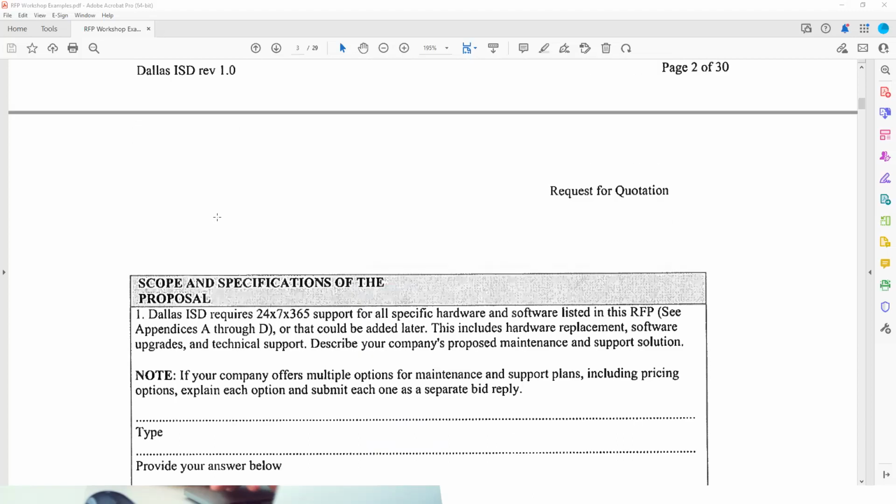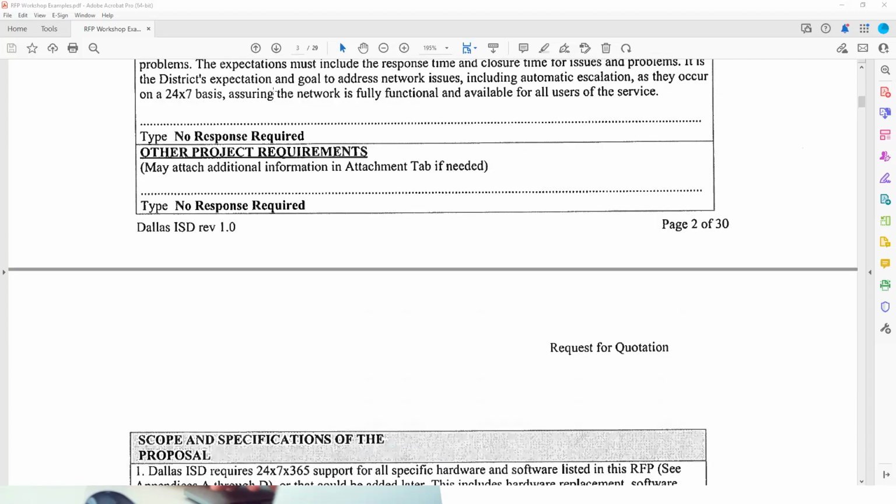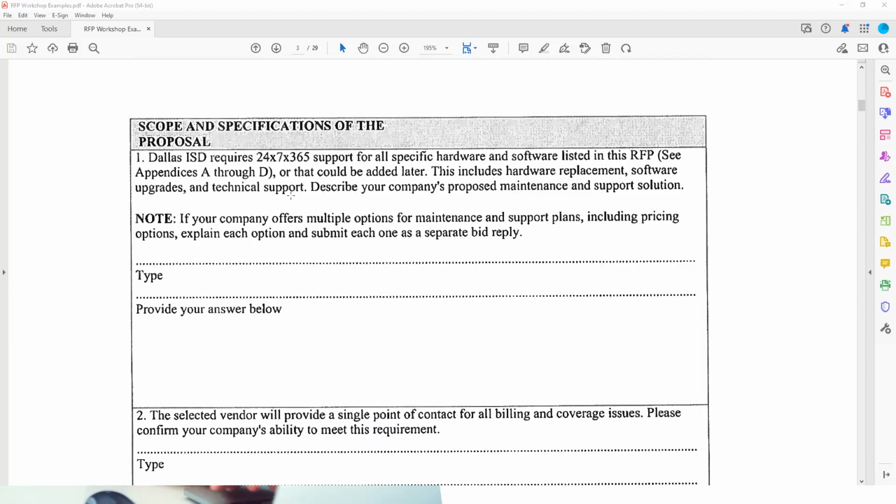Now here, so we go from where they're talking about the agreement and what you have, and then now they're talking about some other stuff, scope and specifications of the proposal. Dallas ISD requires 24/7, 365 support. So if you provide 23 times 6 times 362, do you qualify for this RFP?